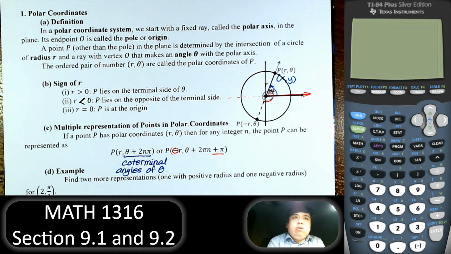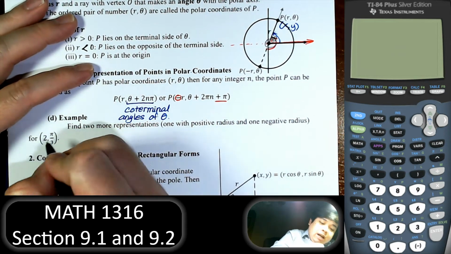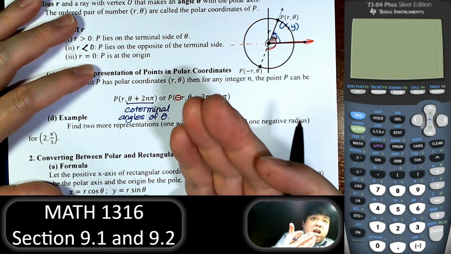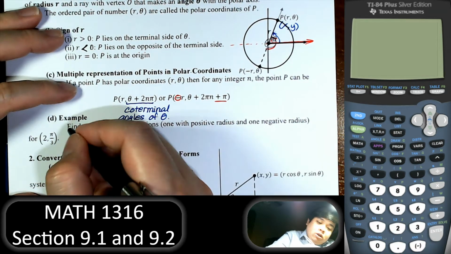Let's look at the first example here. Find two more representations, one with positive radius and one with negative radius. If we want to have the same point and the radius to be positive, we keep 2.